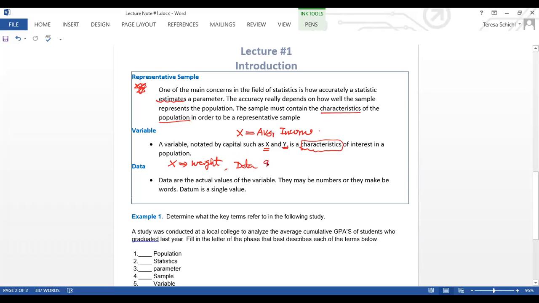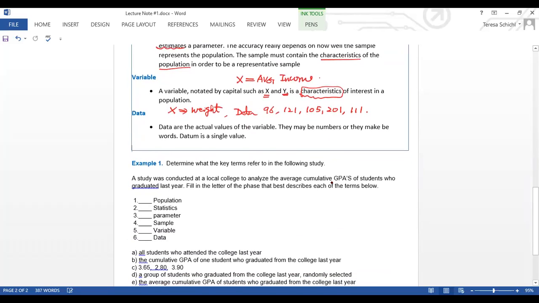You could have 96 pounds, 121, 105, 201, and 111. Those we call the data. Those are the few terminologies you will hear throughout this course. You will hear me talk about the statistic, and you will hear me talk about the parameters.